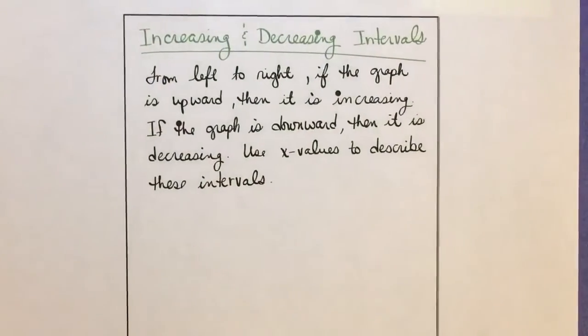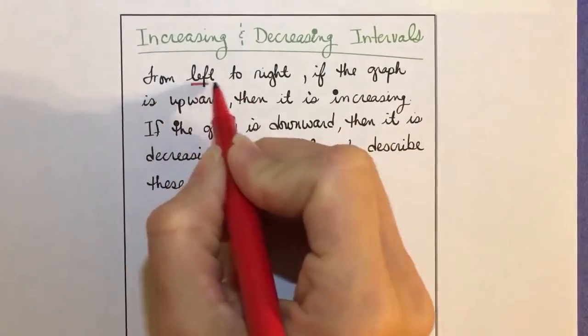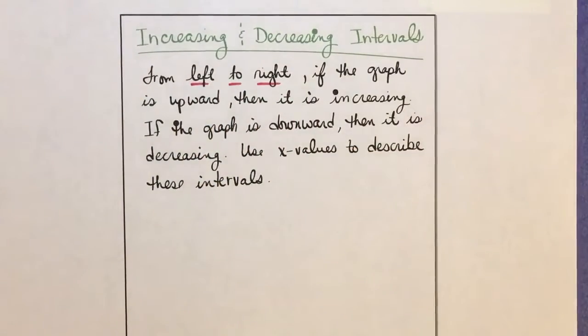Now, something else that you're going to be asked about is increasing and decreasing intervals, okay? So you'll need to, of course, write this down. Now, it's very important that you notice that it states here from left to right. You always have to make sure that you go in that particular order, okay? So when you're looking at your graph from the left to the right, if the graph is upward, then that would be considered increasing.